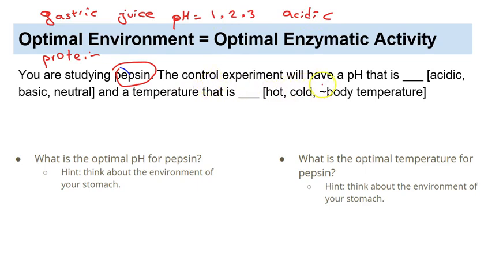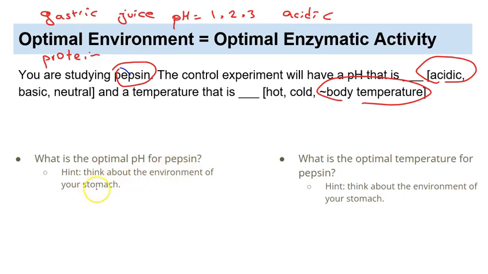The control experiment will have a pH that is what? Obviously pepsin, because it is found in gastric juice in our stomach, we expect the optimal pH to be acidic. So the pH would be acidic, and the optimal temperature would be body temperature. So what is the optimal pH for pepsin?